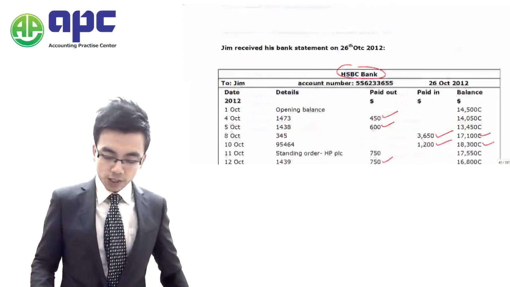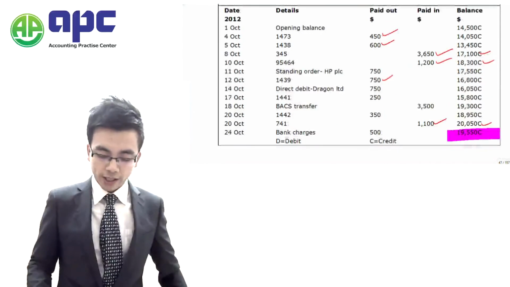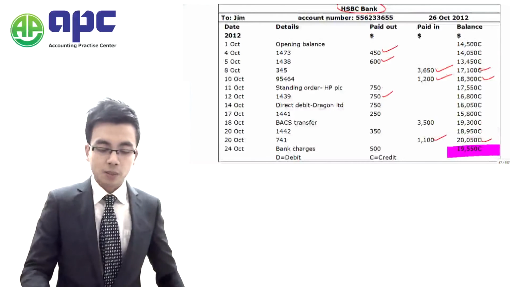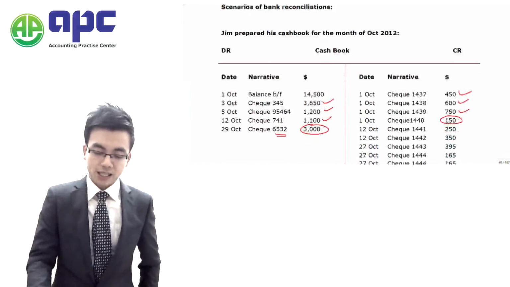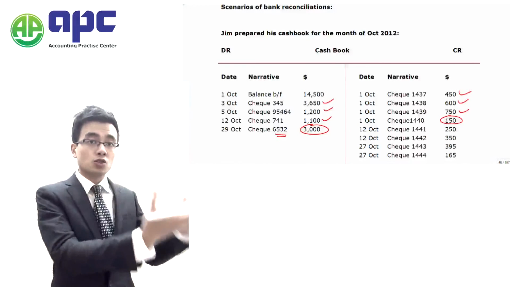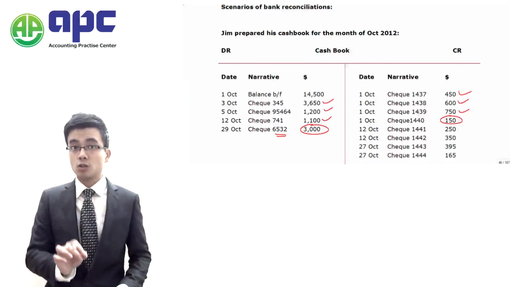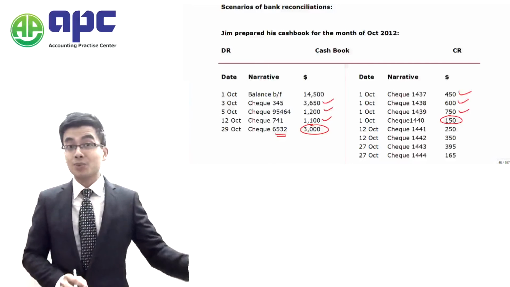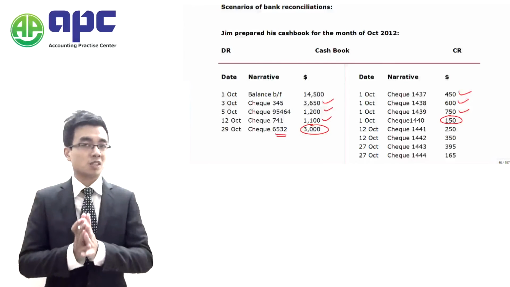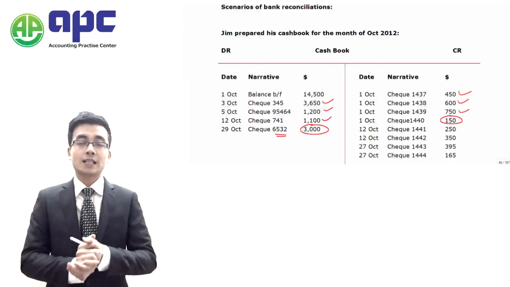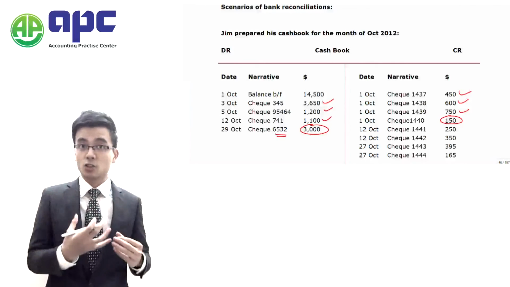So 1,440, unfortunately, you cannot chase that within the bank statement. Which means what the company actually did is that they issued the check so they credited the cash within its account. But the supplier hasn't gone to the bank to clear up their money, which means to receive this money from us, and hence our bank statement hasn't deducted this amount.